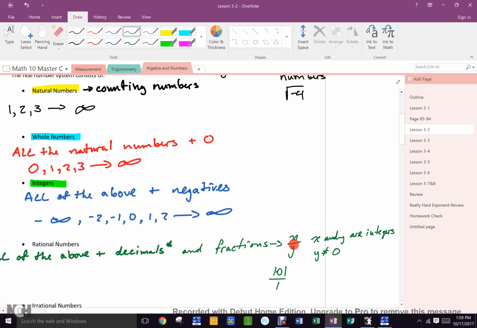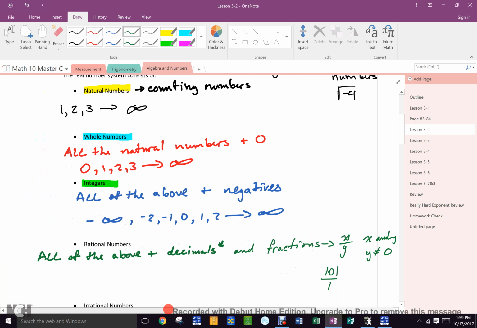Everybody cool? All right, now, remember I said there was something special about the decimals. The decimals must end or repeat. What do I mean by that? Well, if I gave you 1 over 2, how would you turn that into a decimal?